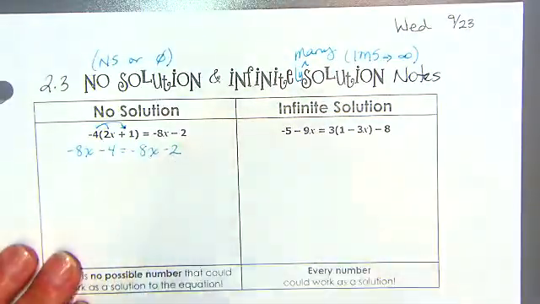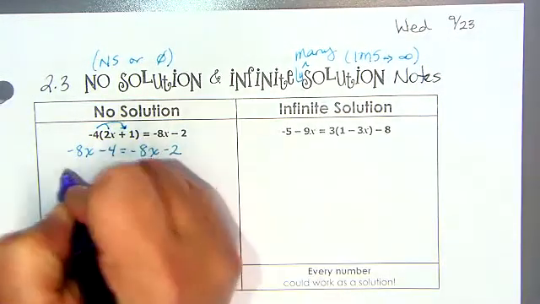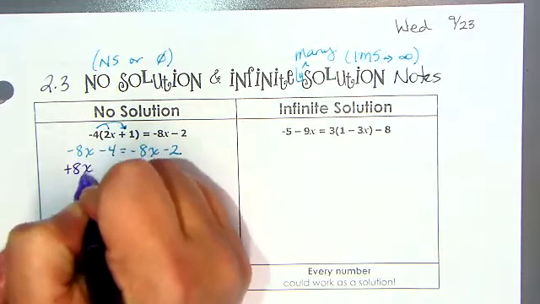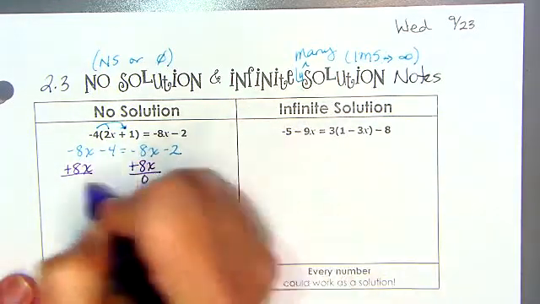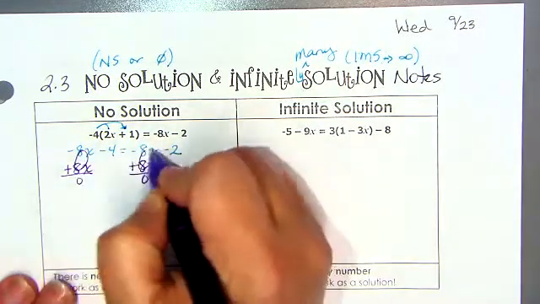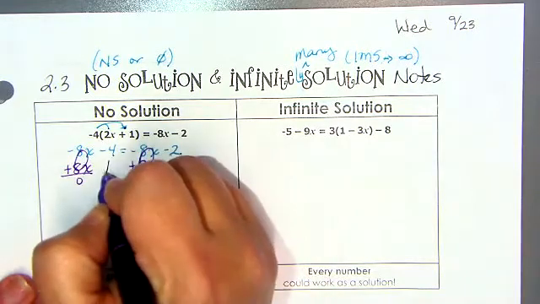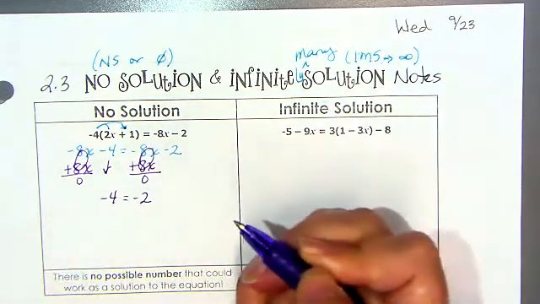I've got to get all the variables on one side. If I add 8x to both sides, both of these equal 0, which means both of them cancel out. So I'm now left with negative 4 equals negative 2.